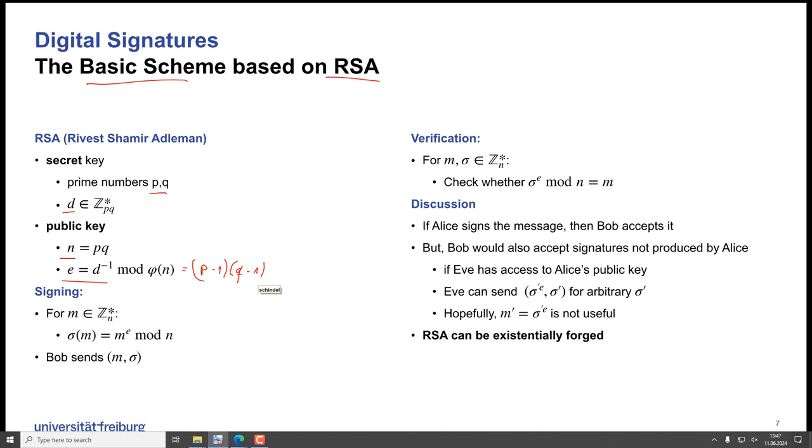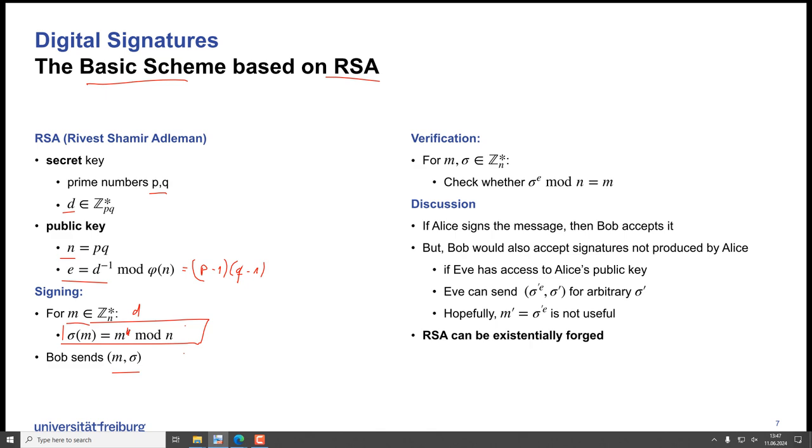The signing is that you have a message and you compute sigma, and that's the first mistake I'm making here, because this should be d. We decrypt the message. So we compute m to the d modulo n, and then we send this information.